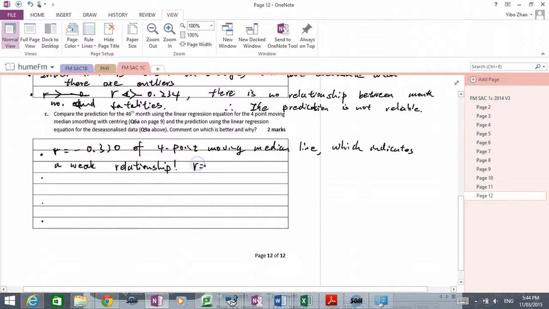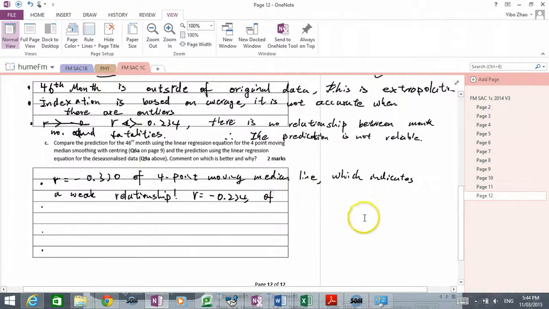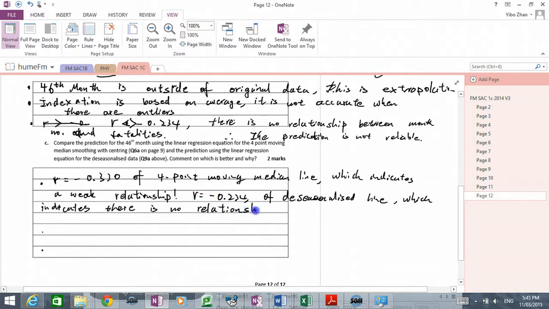However, the R value of the previous one is minus 0.234 for the deseasonalized regression line, which indicates there is no relationship.